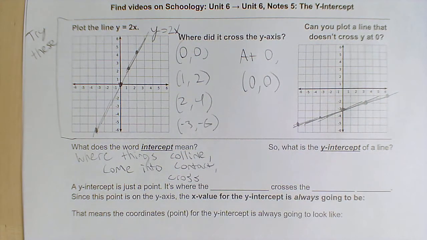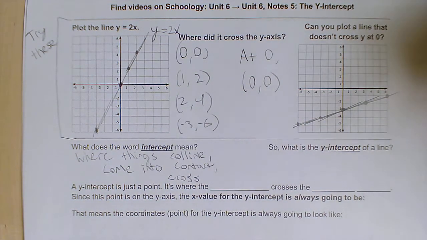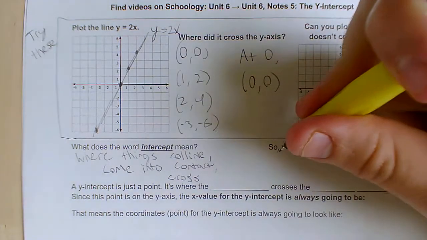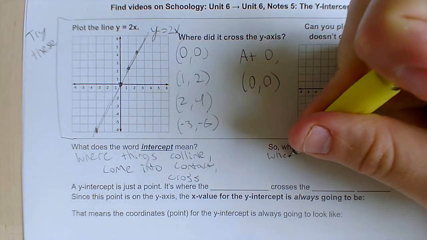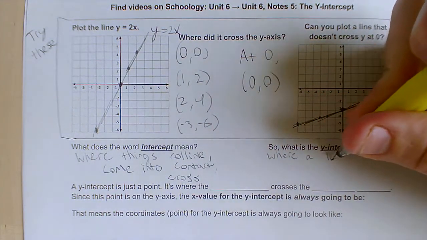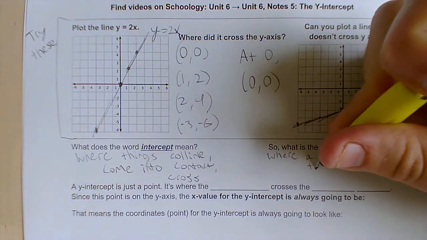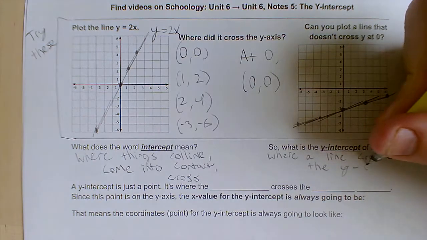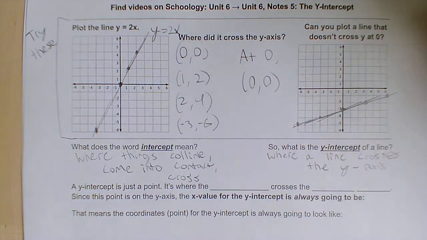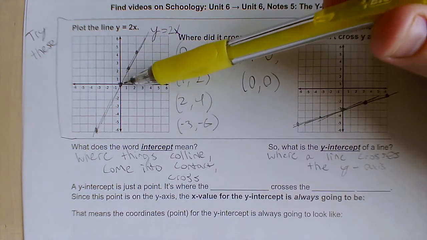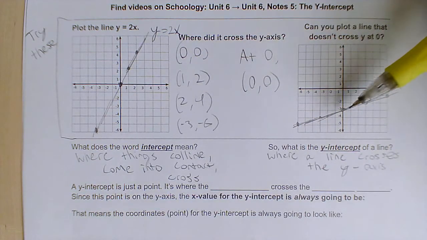So intercepting is colliding, contacting, crossing, all of those things. That's relevant to what we see here. So a y-intercept is where a line crosses the y-axis. That's why I asked at the top, where does this line cross y? And we had a different y-intercept because we didn't want to cross at 0.